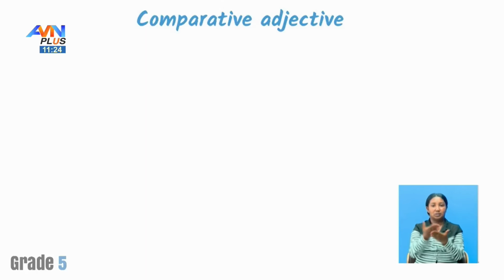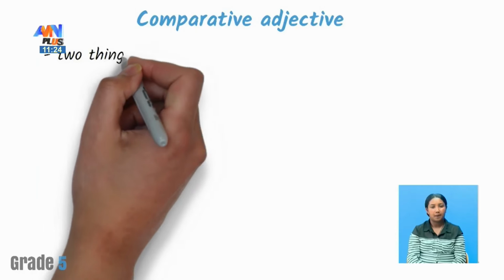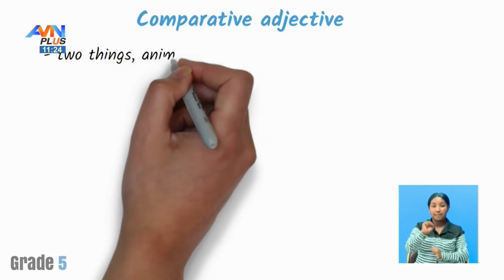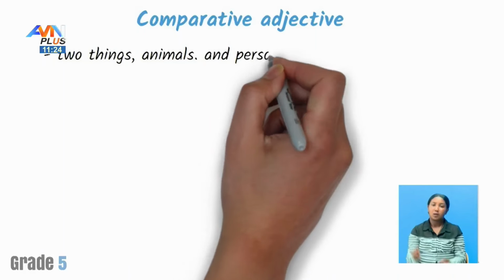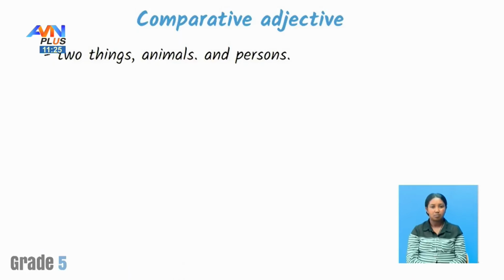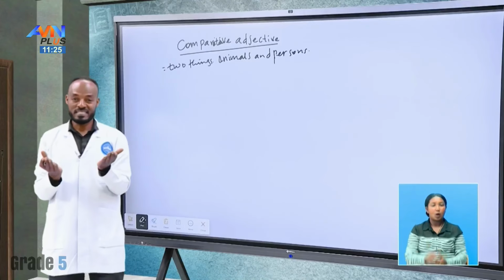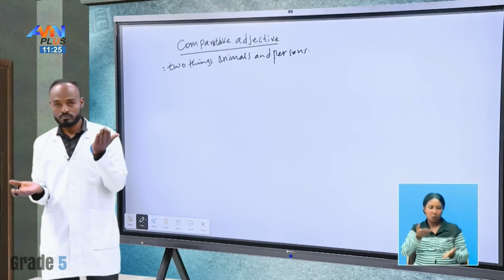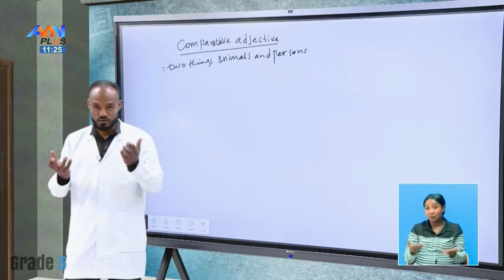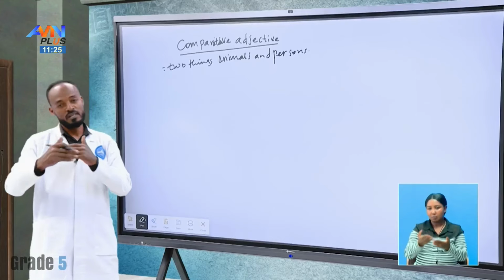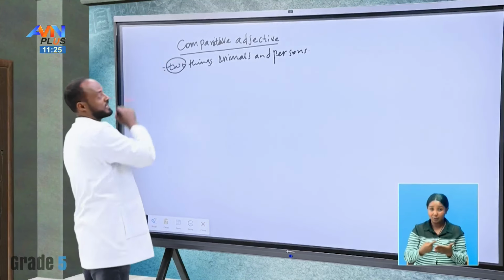Two things. To compare two animals, and also two persons. Comparing means just which one is smaller, which one is taller, which one is shorter, when we are comparing two.